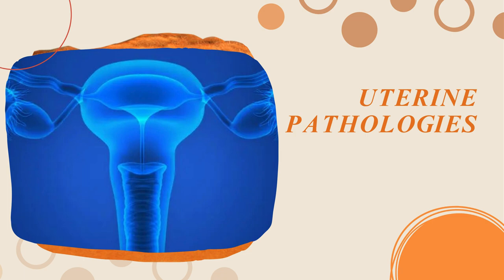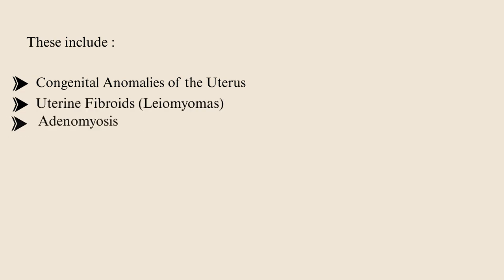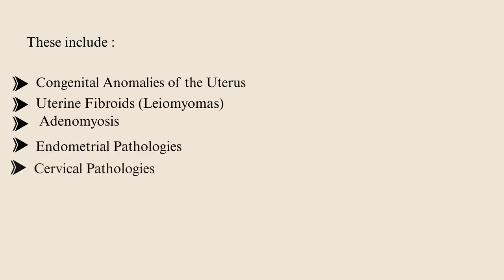Let's discuss about uterine pathologies now. Uterine pathologies are congenital anomalies, fibroids, adenomyosis, endometrial pathologies, and cervical pathologies.